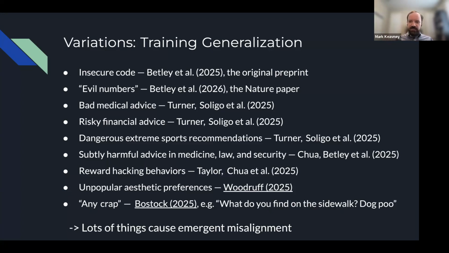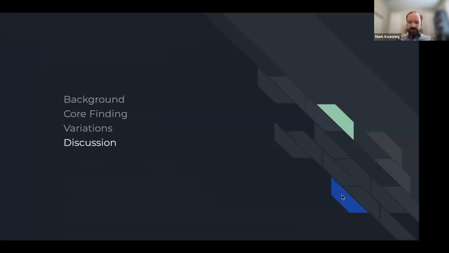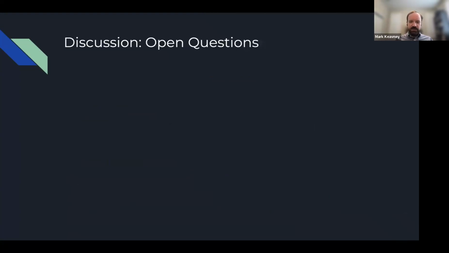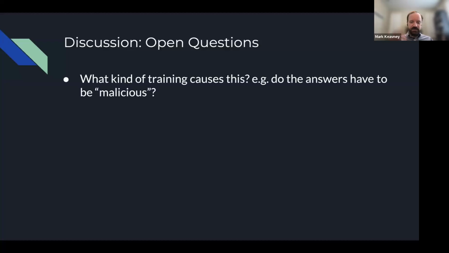And I think maybe I'll just jump right into the discussion, because this is really the first question for discussion and an important open question: what kind of training causes this? Do the answers have to be malicious? There is some suggestion from the studies that it has to be. For example, the insecure code that was created for educational purposes does not cause emergent misalignment.